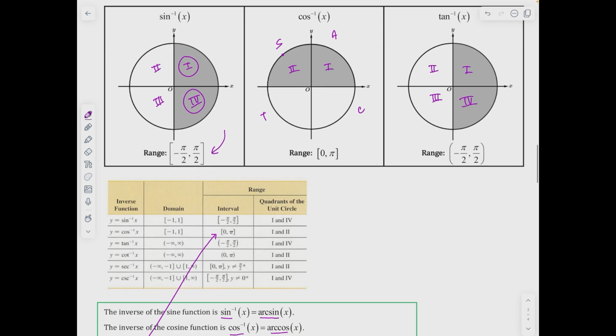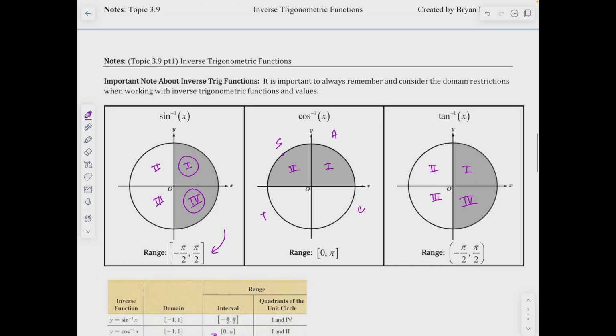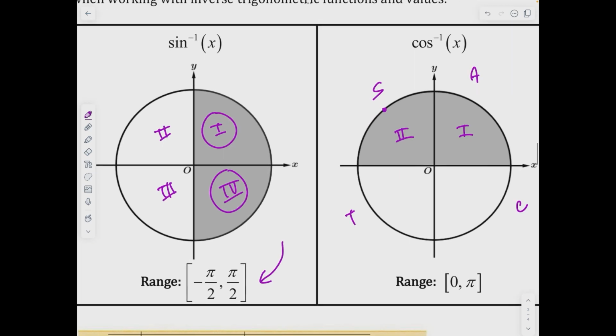Okay, for letter B, inverse sine of negative root 3 over 2. What we are asking again is sine of what angle gives me negative root 3 over 2. But this time you have to keep in mind that your angle measure has to fall between positive and negative pi over 2. So in order for sine to be negative, it's going to have to be in quadrant number 4, somewhere down here.